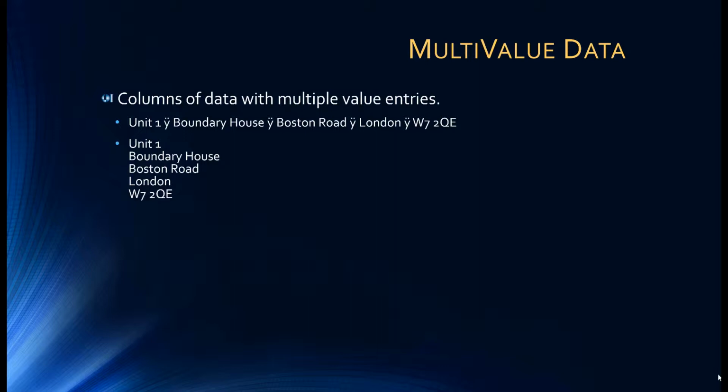MultiValue data. Okay, the columns of data within an OpenInsight system are basically delimited, so it's held in the database, as you can see in the first bullet there. So unit 1 with a value mark, I think that's the right terminology, and then boundary house another value mark, and it goes through accordingly.